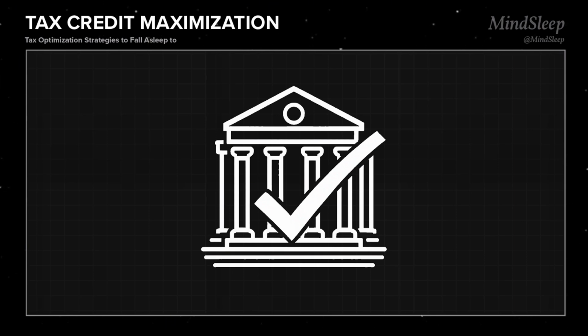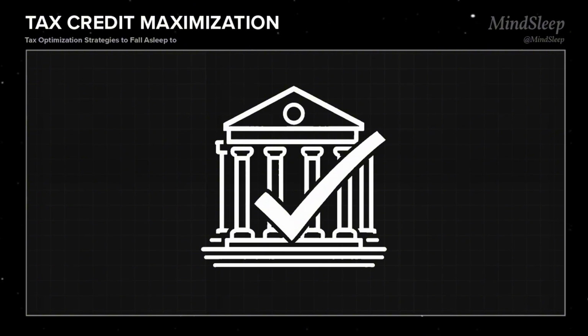Therefore, maintaining meticulous documentation is paramount. This includes not only financial records, but also contemporaneous logs of activities, especially for credits like the R&D credit, where the nature of the work is as important as the expenses incurred.